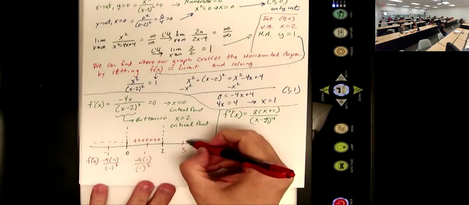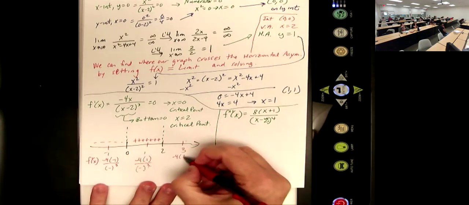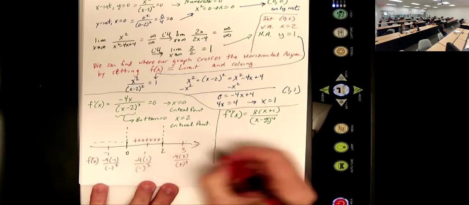We do 3: -4 times 3 over a positive cubed. It's going to be negative.